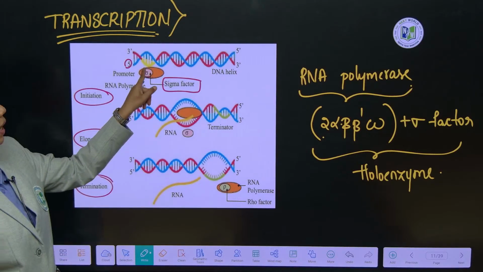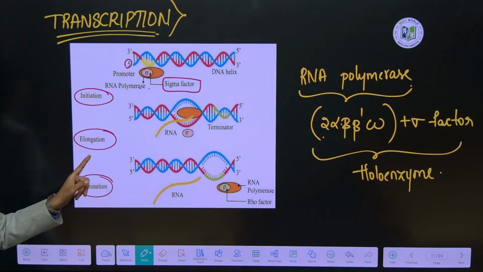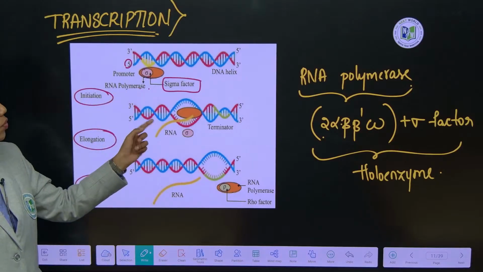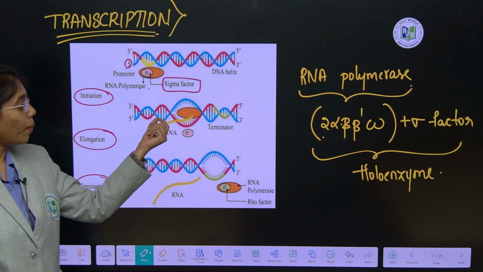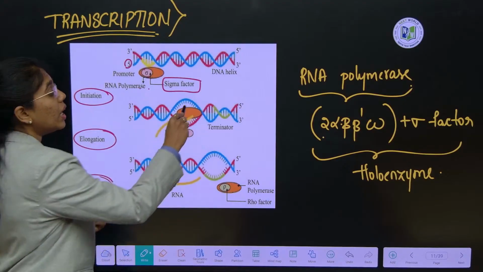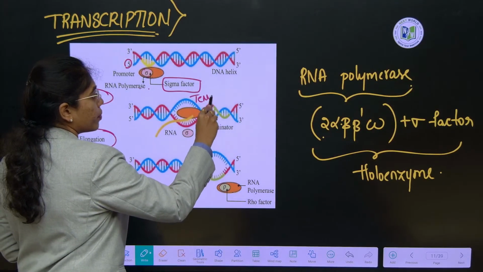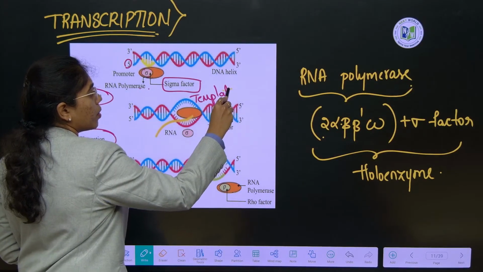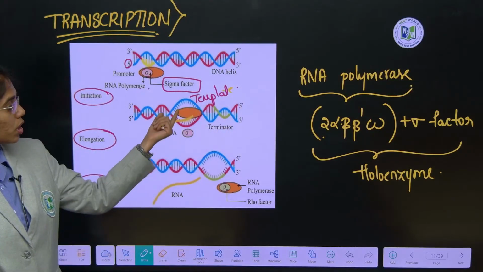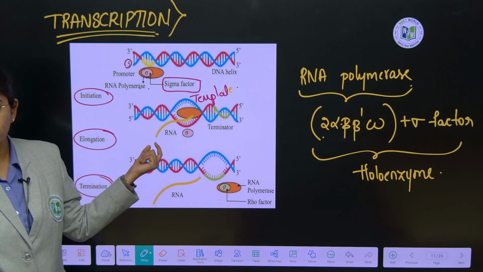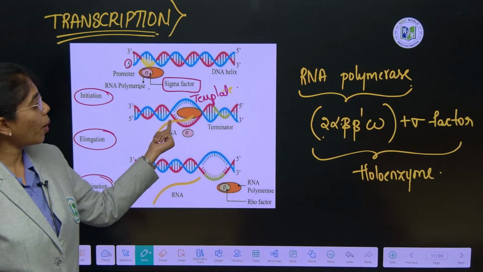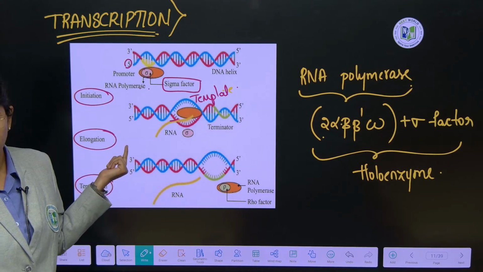This will come and bind to which region? Promoter region, okay. And here this will start getting a complementary sequence from the template strand. The template strand's codons will be copied and a complementary sequence is synthesized.